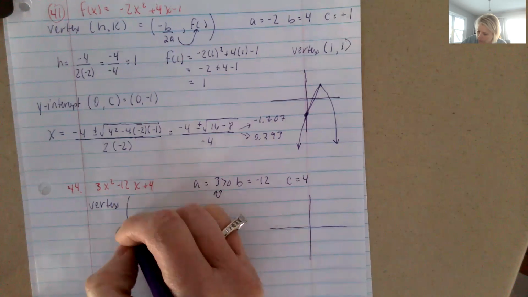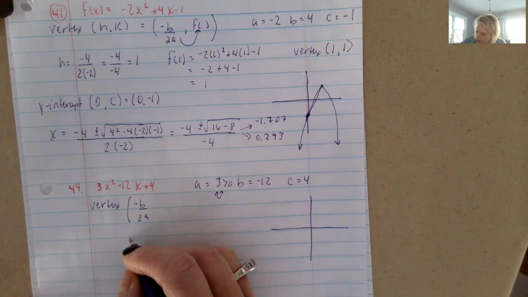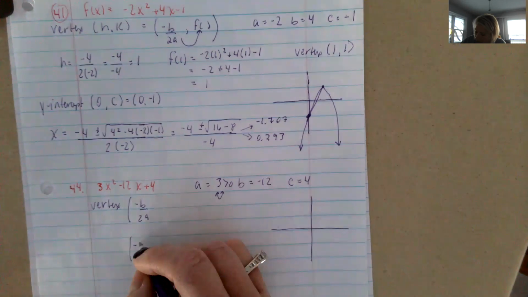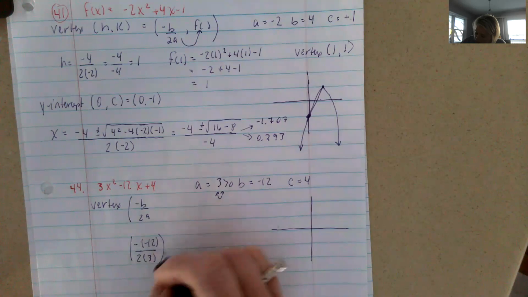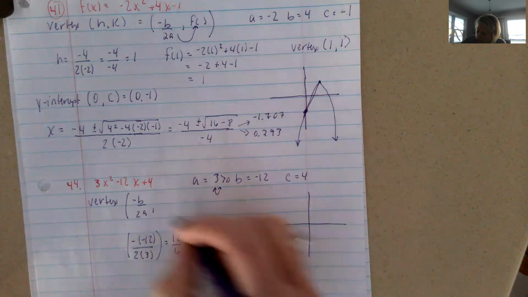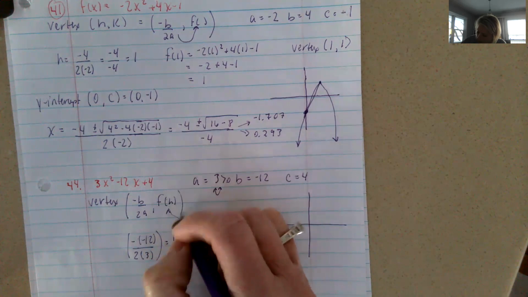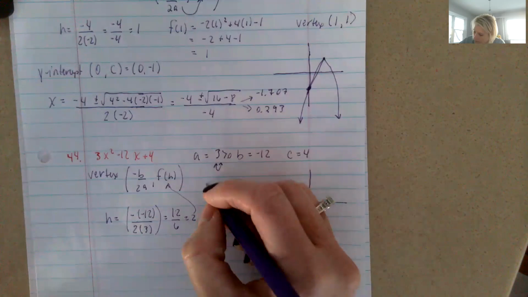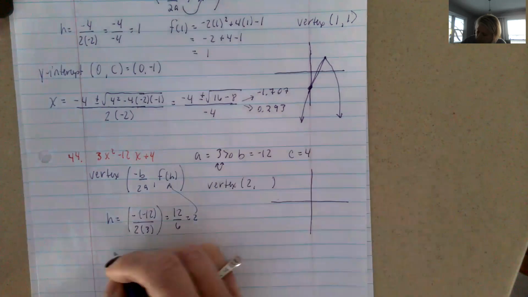So our vertex is going to be negative b over 2a is what we're going to look for. So negative b, which is the negative of negative 12, over 2 times a, which is 3. So 12 over 6 is 2. And then our function is going to be f of h. That's our h is 2. So my vertex I know is at 2 and something.